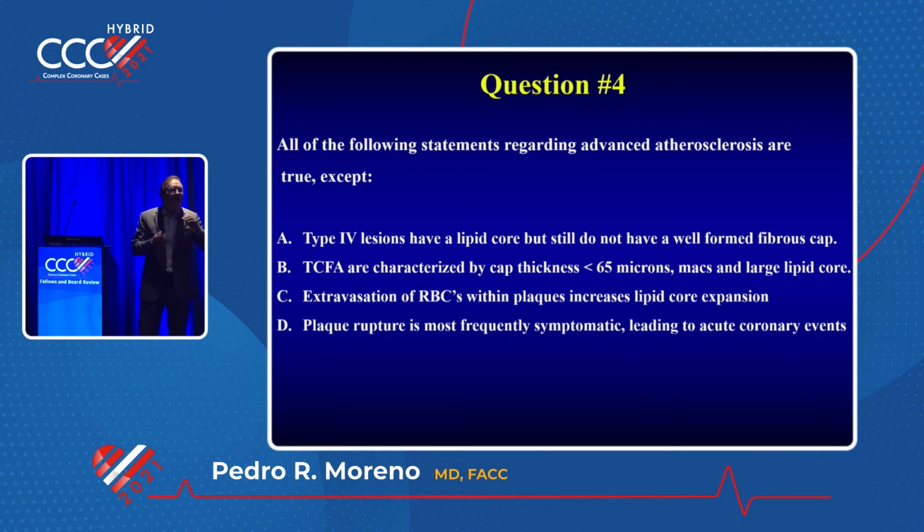Why? Because that's the way the plaque progresses. And it's totally asymptomatic. It's a little mural thrombus, it gets healed, and then the next plaque forms on top of that. So that is the wrong statement. All of these are true statements. See? Complicated question, huh?